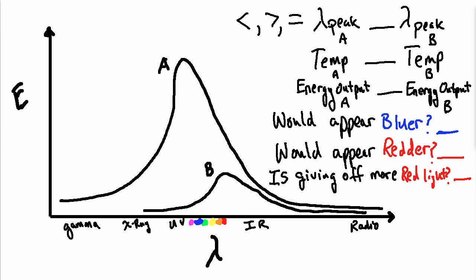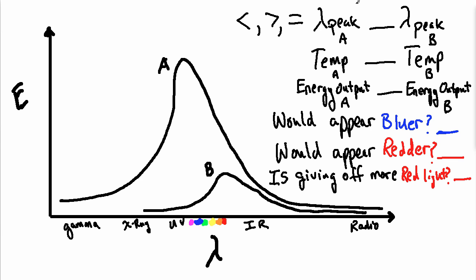Okay, let's start making some comparisons here between the properties of the light curves and the objects they represent for blackbody curve or light curve A versus blackbody curve or light curve B. First off, we have the wavelength that the peak occurs at.